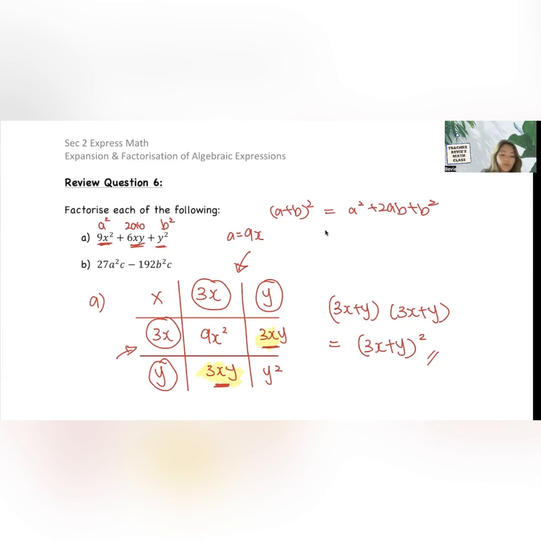No. If my a is 9x, when I expand it, it becomes 81x squared, which is wrong. You must always remember to square root your number as well. So in this case, a is my 3x, b is my y. If I plug it inside this formula, it gives me (3x plus y) squared. It is actually the same answer.